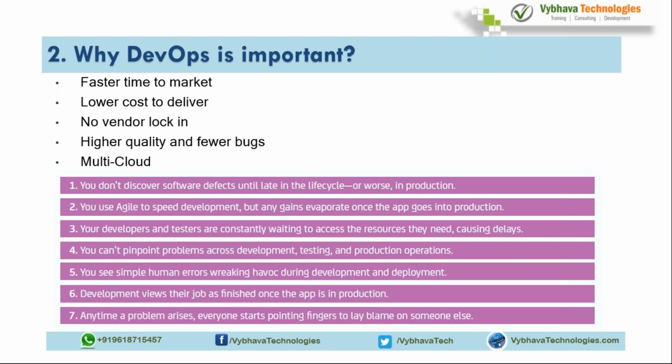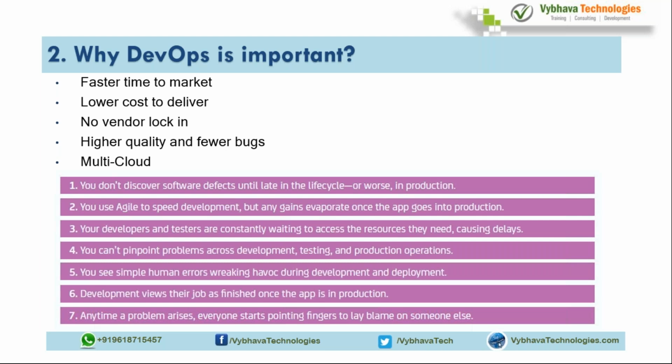So you cannot pinpoint problems across development, testing, and production operations. When something comes in, the problem can be anything. It may be the application flow, or one page is not displaying, or a 404 error, or some issue which you are going to get in production, or which you are getting at the development stage or testing phase.